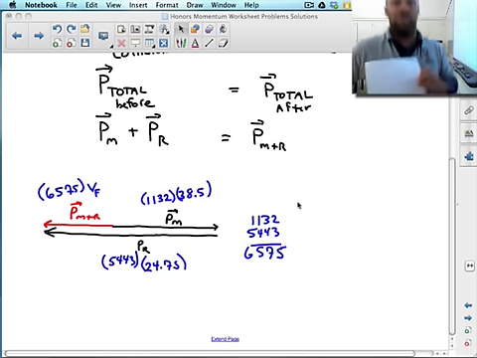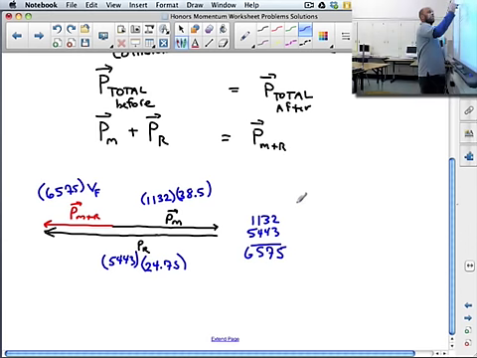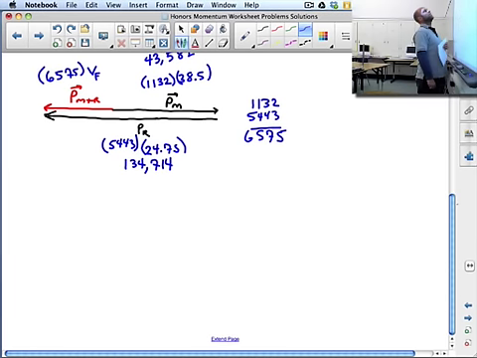So this means that these multiply together to give me 43,582. And these multiply together to give us 134,714. Okay? And I still don't know the final. So I should be able to solve this.